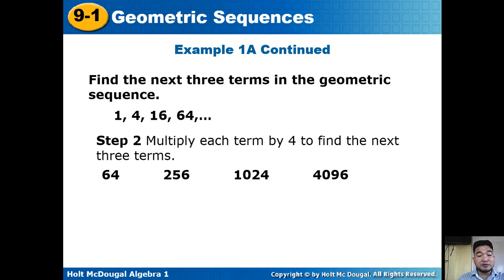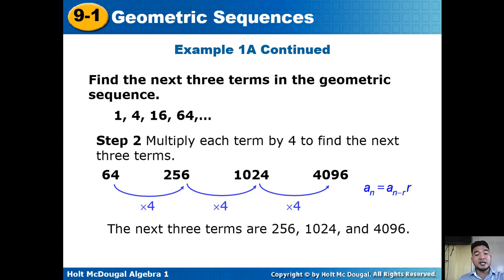Then 256 times 4 is 1024, and 1024 times 4 is equal to 4096. A sub n is equal to A sub n minus 1 times R. The next 3 terms are 256, 1024, and 4096.